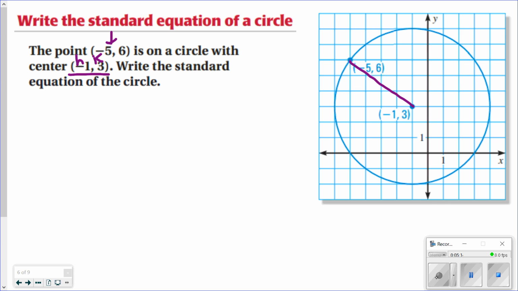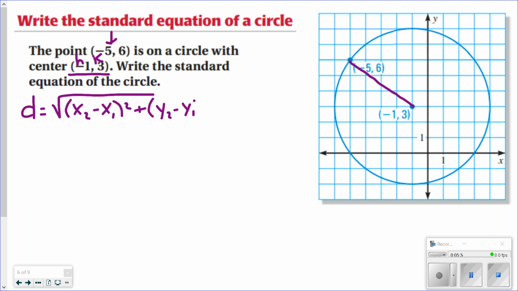So to find the distance, I'm going to use the distance formula. So we know that the distance formula is equal to the square root of (x2 minus x1) squared plus (y2 minus y1) squared. Once we find the distance, that would be our radius.